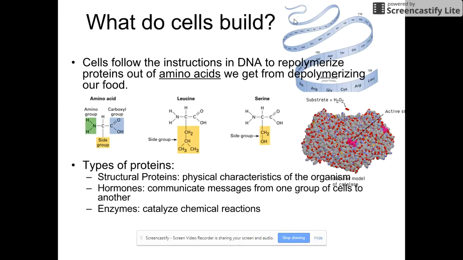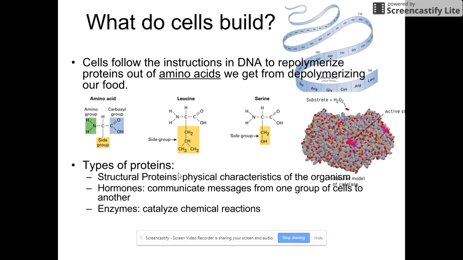And so what is really a long polymer could fold up in all sorts of crazy ways, depending on what amino acid is placed where. Of course, what amino acid is placed where is based in DNA. But the shape of proteins essentially is based on the sequence of amino acids and their functional groups or their side groups.